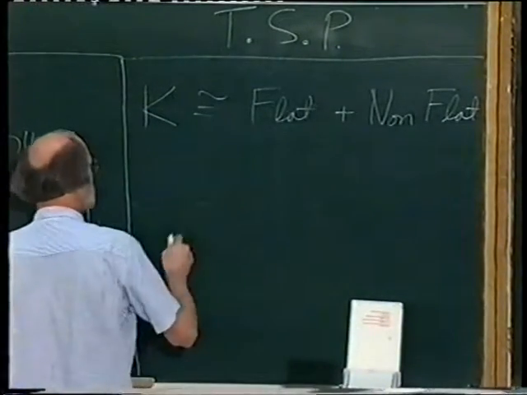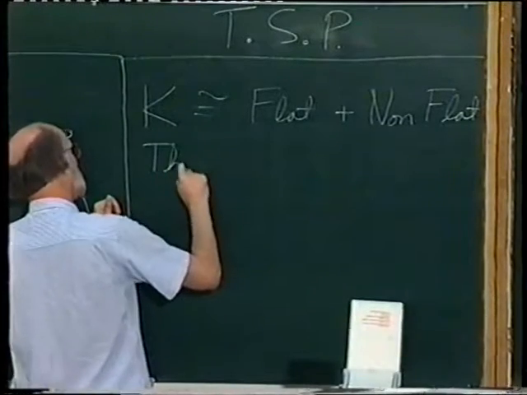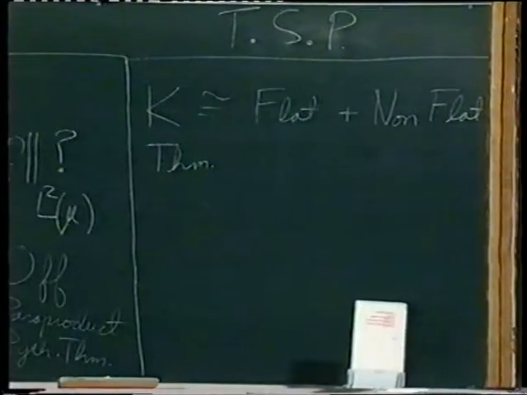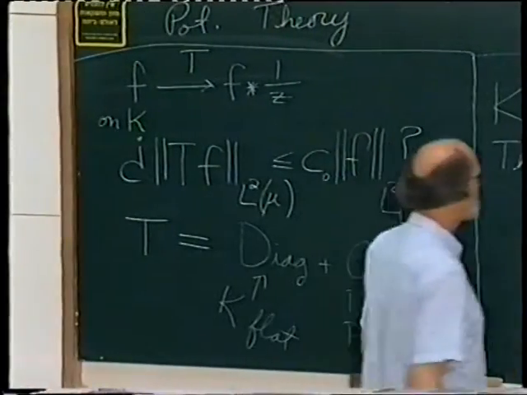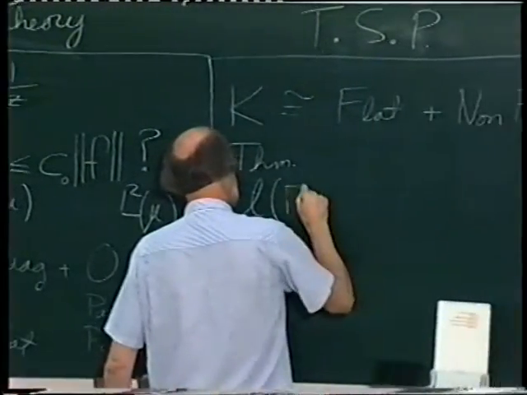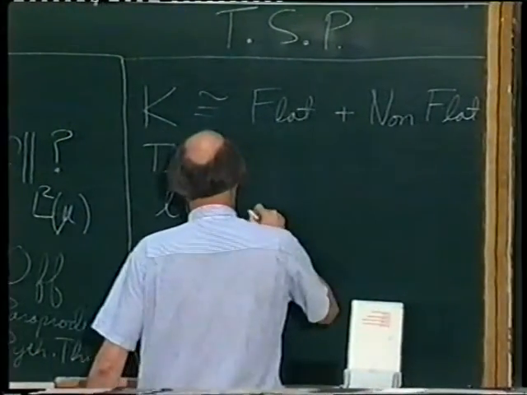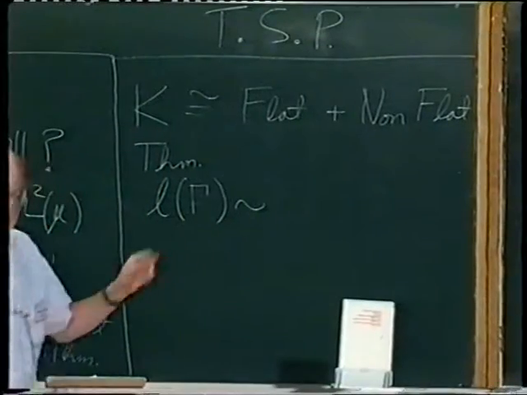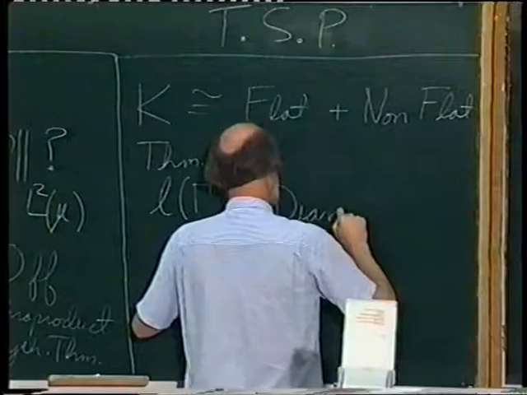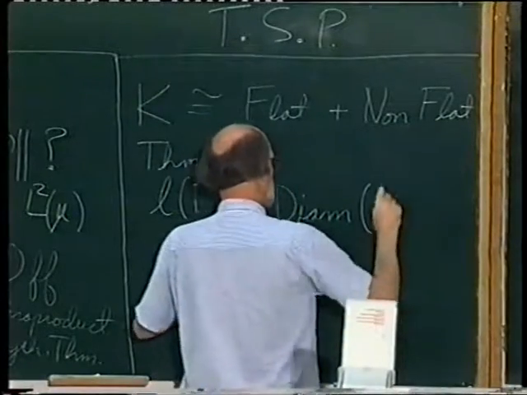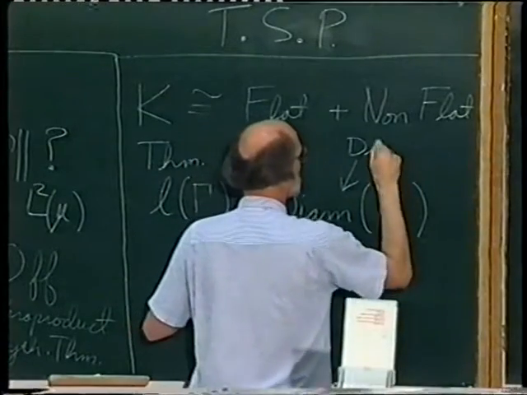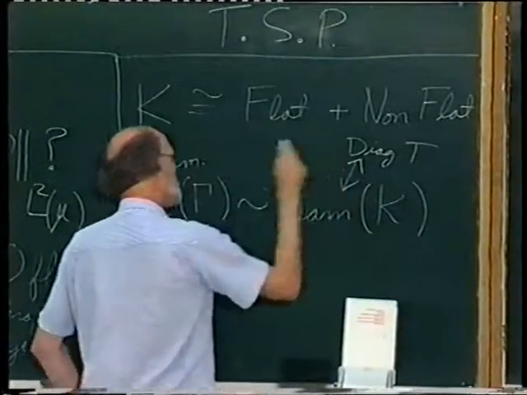Then we have a theorem, which is actually obtained from analyzing this situation historically, and that is that the length of the optimal curve has the same size, up to a universal constant, as certainly the diameter. This corresponds to the diagonal term of T.